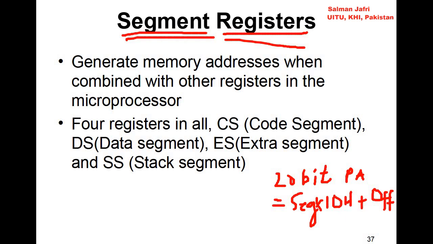So this is the generic formula. If we want to find the 20-bit physical address for any location, we'll take the segment address, multiply it by 10h, and then add the offset address.